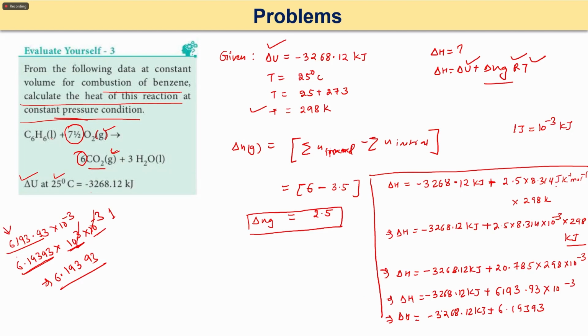So we add 6.19393, and plus minus we will have to do minus.